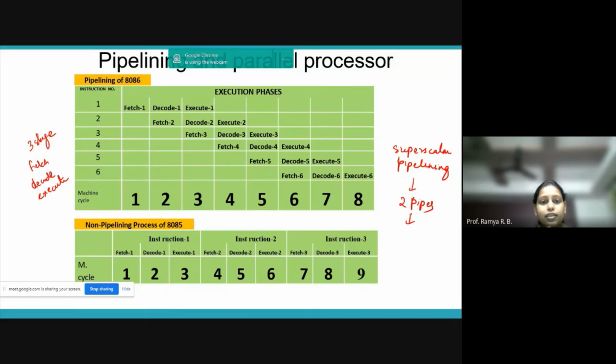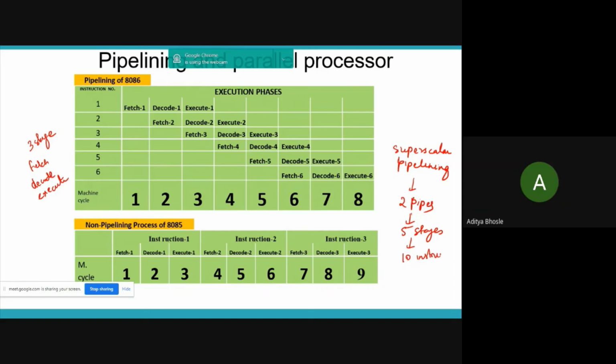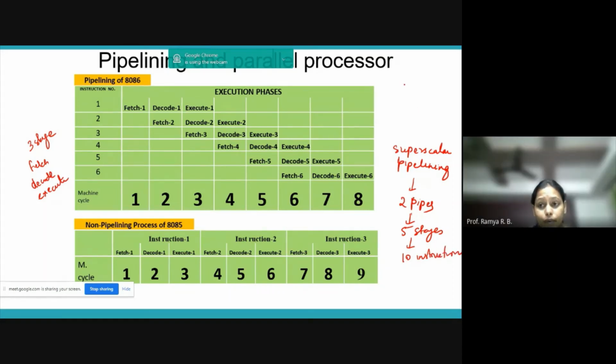Okay, in Pentium 1 there are 2 pipes and which are of 5 stages each. तो मतलब कितने instructions active will be at a time? 2 pipes, 5 stages. At a time, how many instructions will be active?